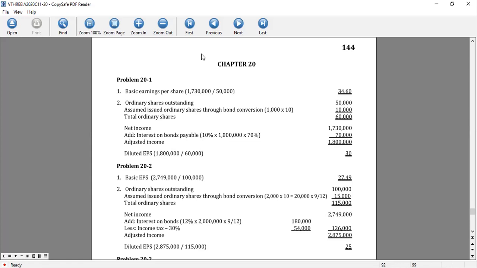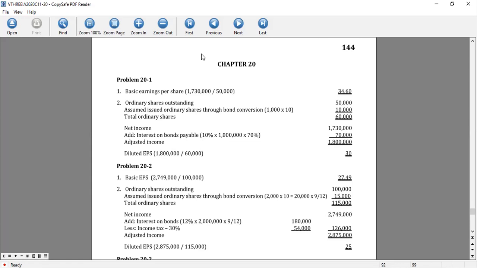So the ordinary shares outstanding of 100,000. We have now the assumed issued ordinary shares through bond conversion. So we have 2 million divided by 1 million is 2,000. And then we multiply 2,000 by 10. We get 20,000 and multiply by 9 over 12.